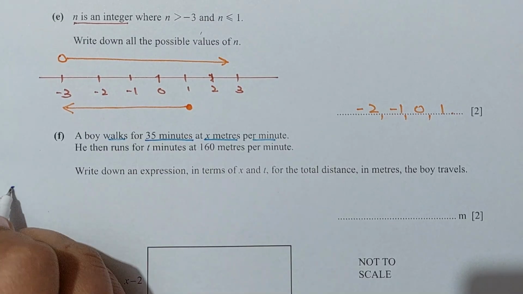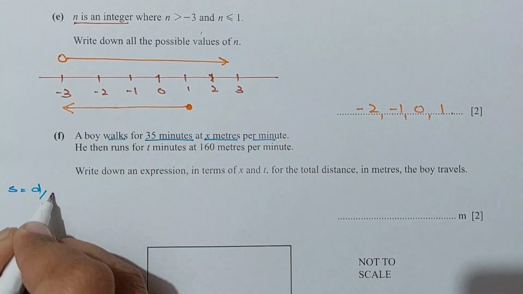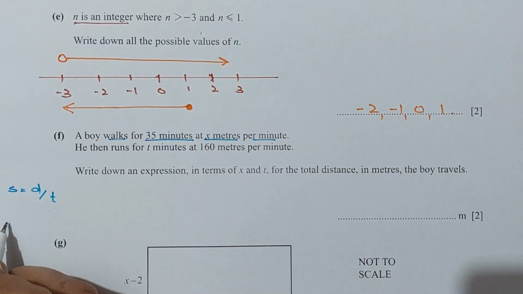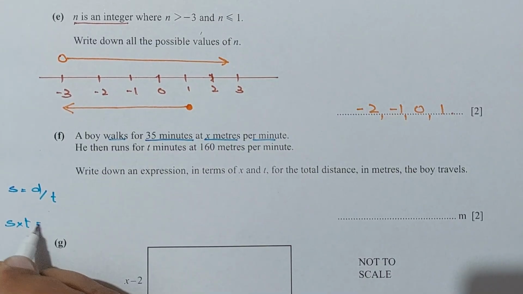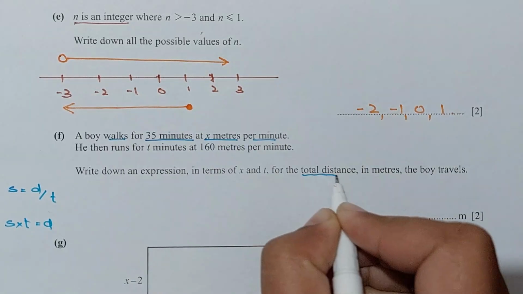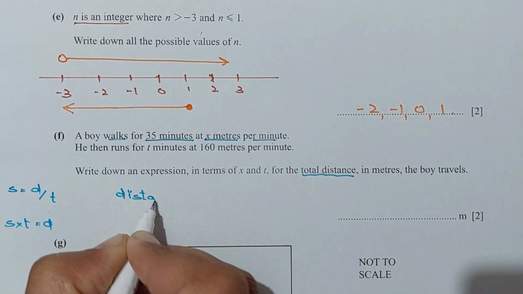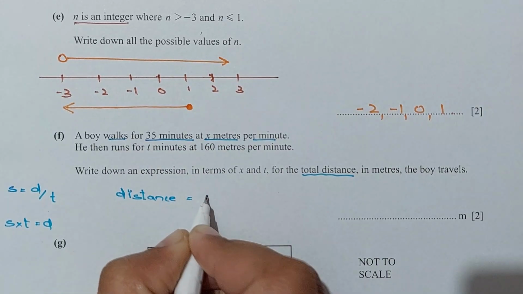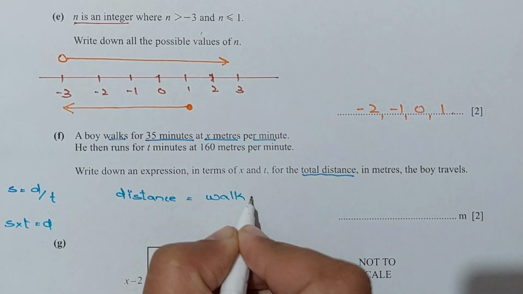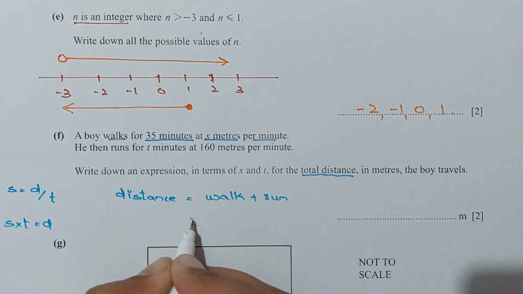We use the formula speed equals distance over time. So what about the distance? Speed times time is the distance, because we have to find the total distance. So the total distance the boy travels is the walk and the run. How much is the walk?